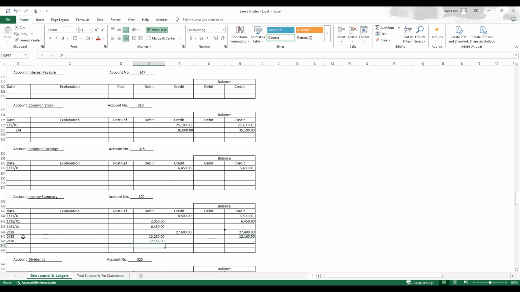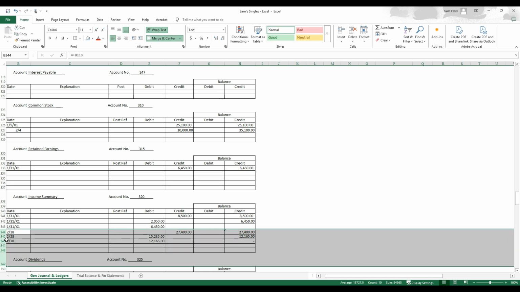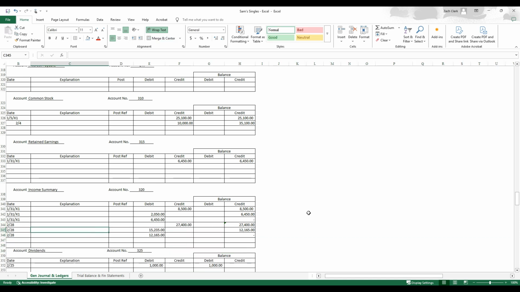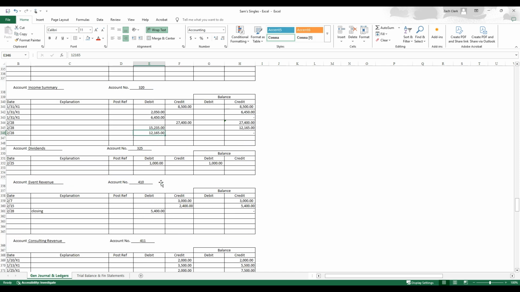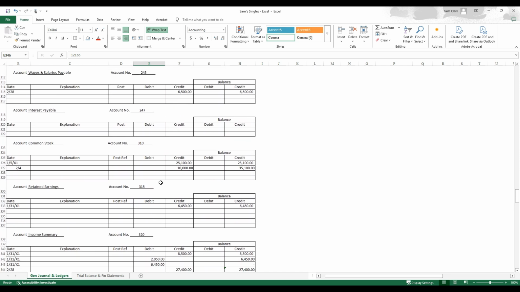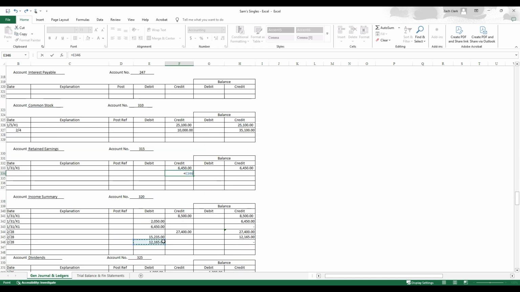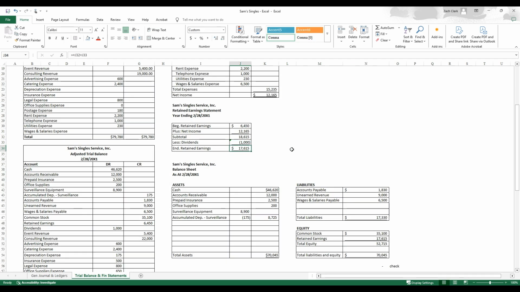The other side of the entry is a credit for 12,165 to retained earnings, which is right above. That increases our balance in retained earnings to 18,615, which should match.